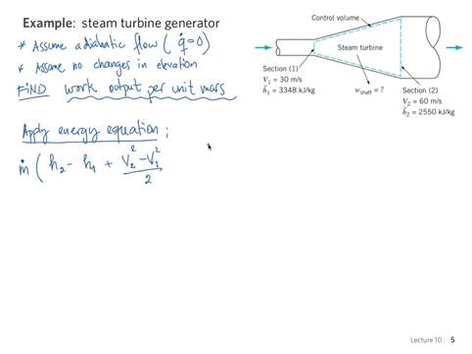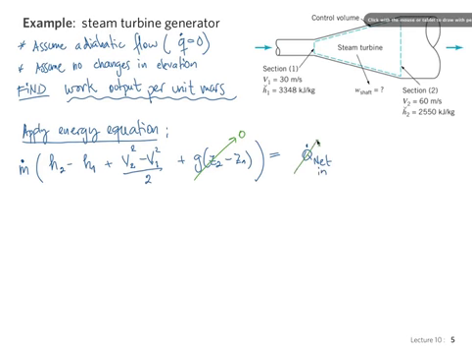Well, I could write it down and then say it's 0. And that is going to be equal to Q dot net in, which is also 0, plus the shaft work, which is what we're looking for.